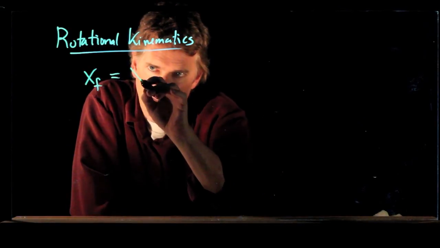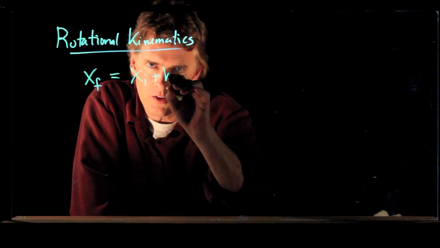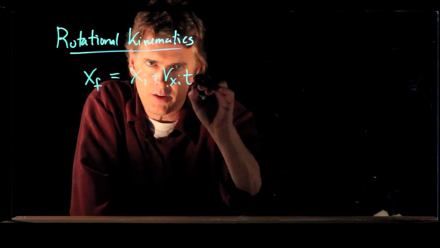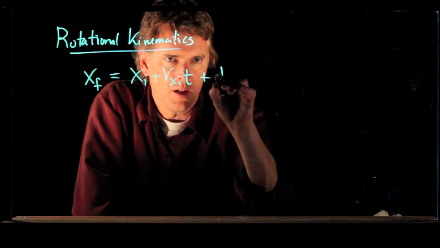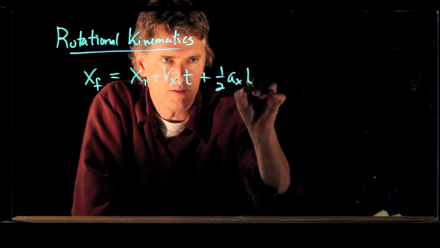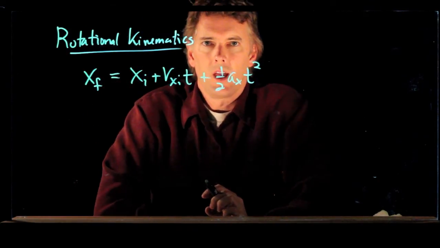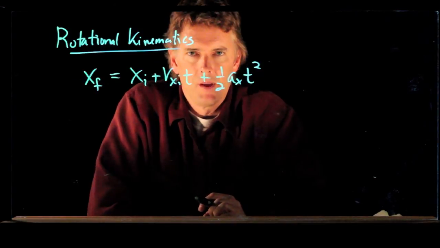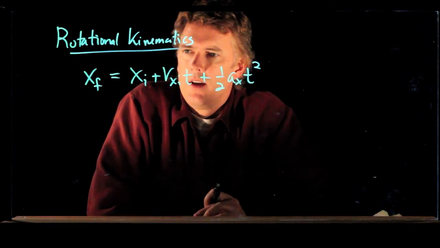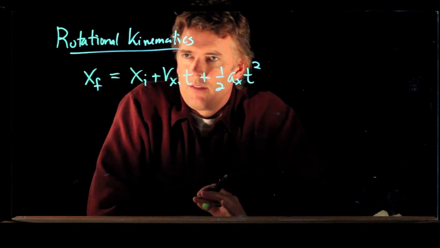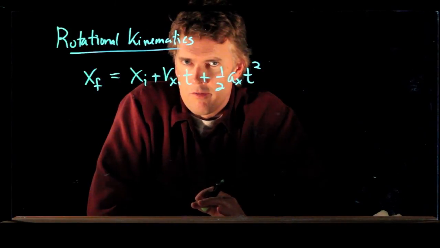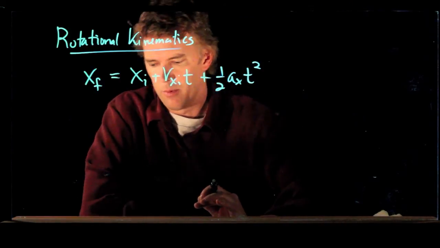So for instance, x final equals x initial plus vx initial times t plus 1/2 a sub x t squared. Okay, hopefully that one looks familiar. That might even be burned into your brain by now. We can put this into rotational form simply by changing variables.